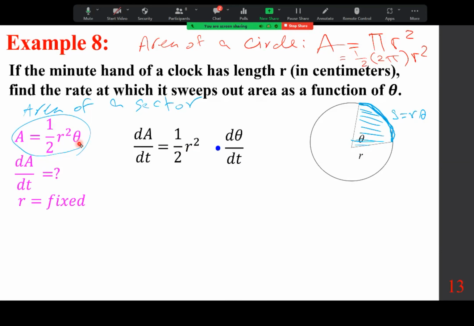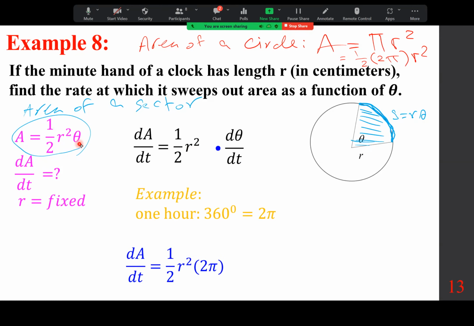That's all they're asking. So for example, if it's 1 hour, meaning 360 degrees or 2 pi over the course of an hour, then 1/2 r squared times 2 pi gives you pi r squared, and the units are the units of the area over the units of time.